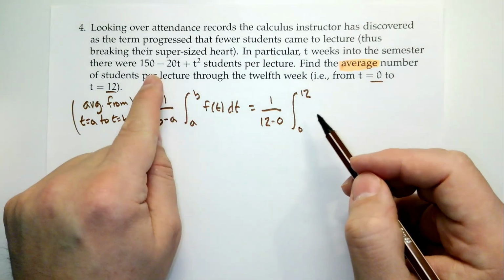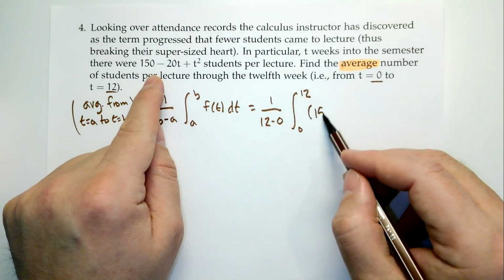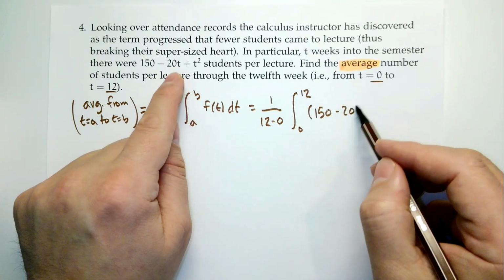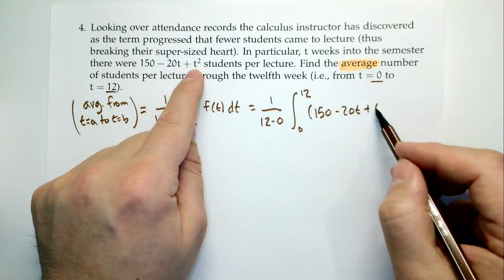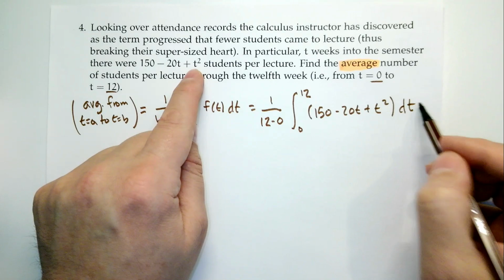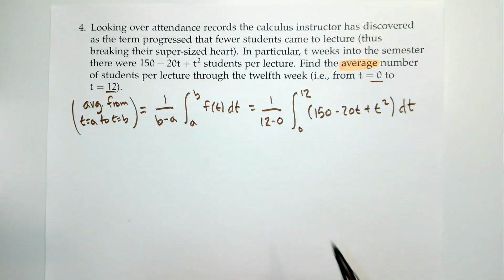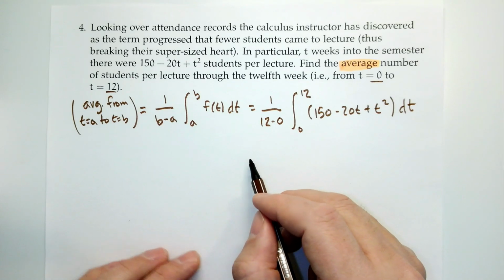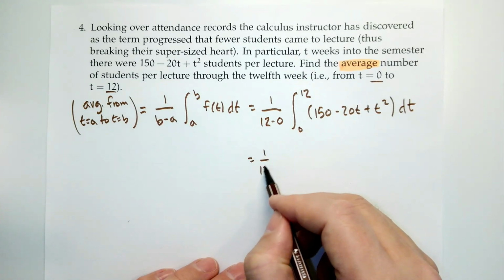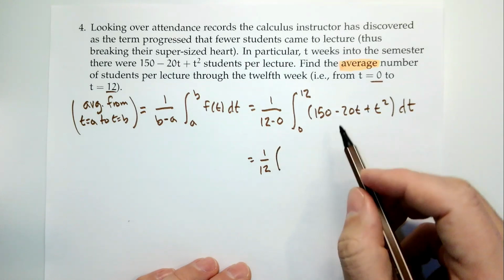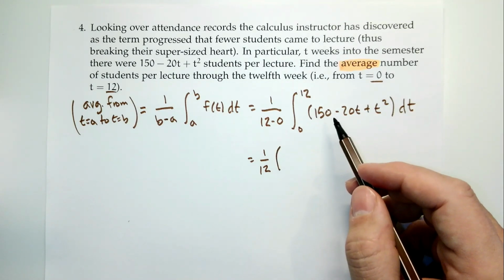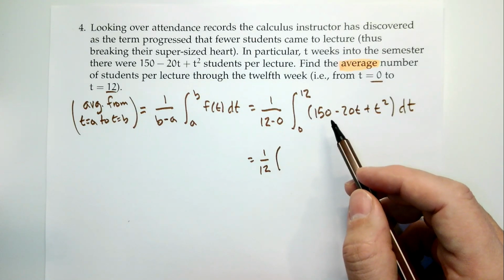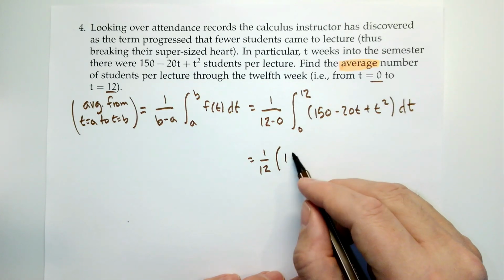And our function, that's 150 minus 20t plus t squared. All right. Well, let's make progress. So, this is 1 over 12. And the integrals here are not too bad. We can actually do the antiderivatives. The antiderivative of 150 is 150t.